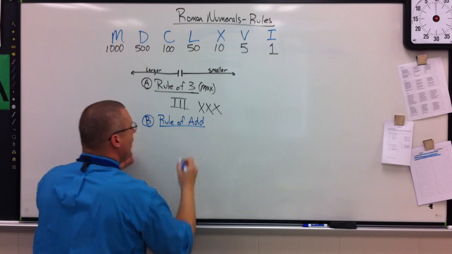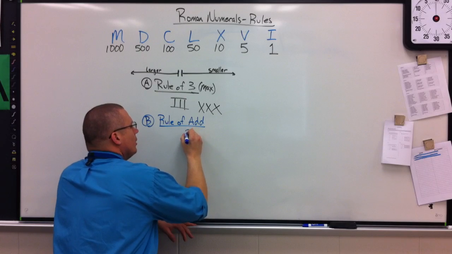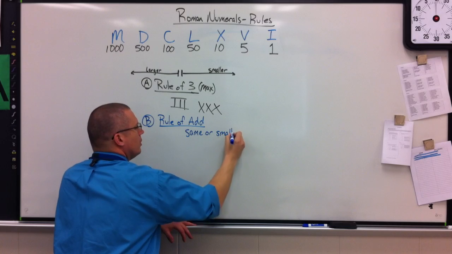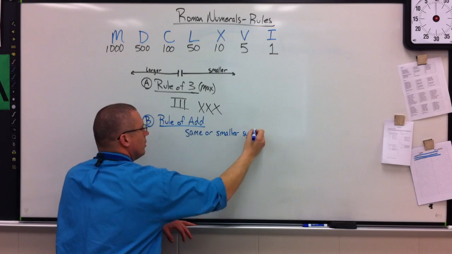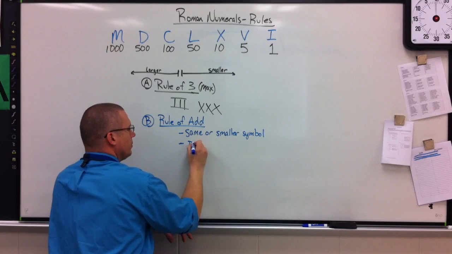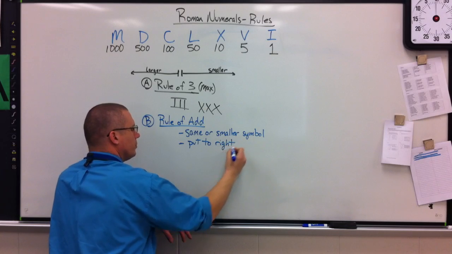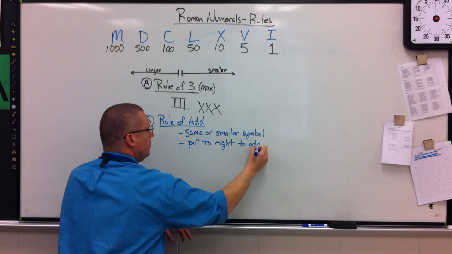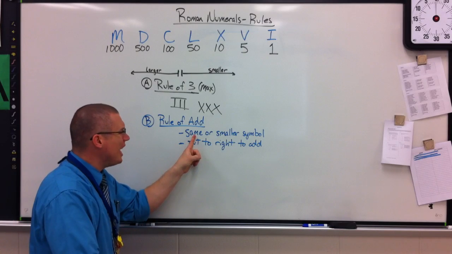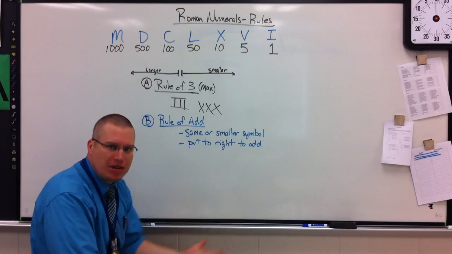Next up is my rule of add. My rule of adding says this. What I'm allowed to do is take a symbol, and I'm allowed to take either the same symbol or a smaller symbol and put it on the right side, and that means addition.